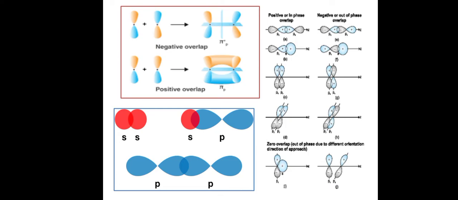The criterion of overlap as the main factor for the formation of a covalent bond applies uniformly to homonuclear, heteronuclear, diatomic and polyatomic molecules.